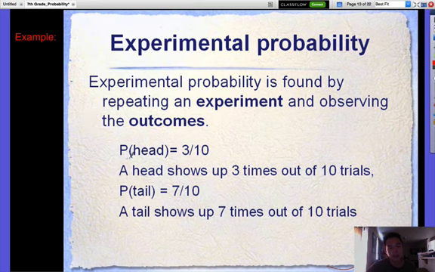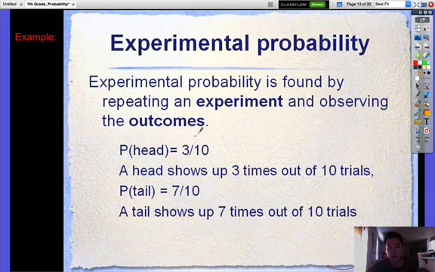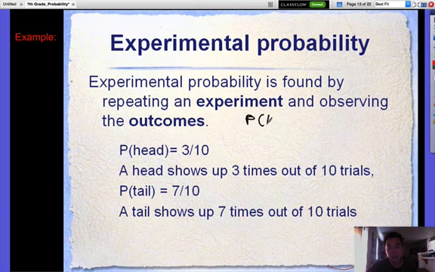So for example, before I jump into the experimental, we know that the probability of heads, theoretically, is going to be 1 out of 2, because it's 1 head favorable over 2 possibilities. Well, on the screen here, we have probability of heads 3 out of 10. That means we flipped the coin 10 times, and out of the 10 times, we have 3 heads, which means the other 7 times, we got tails.